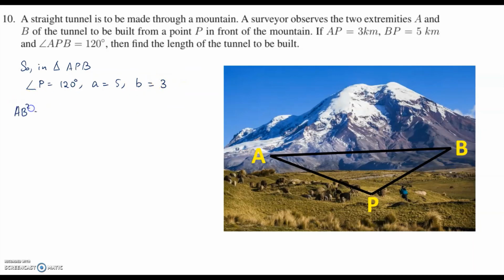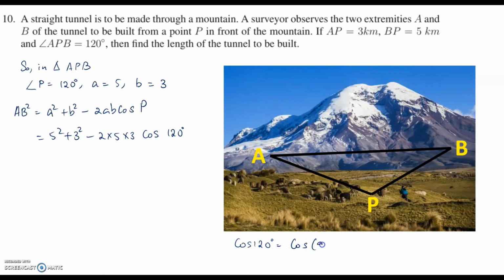So AB squared is equal to a squared plus b squared minus 2ab cos P, which is equal to 5 squared plus 3 squared minus 2 times 5 into 3 cos 120 degrees. Now cos 120 degrees is equal to cos of 90 plus 30 degrees, which is equal to minus sine 30 degrees, that will be equal to minus 1 by 2.